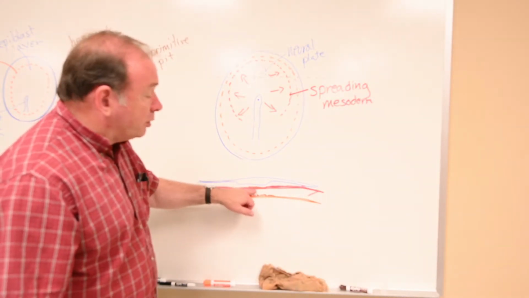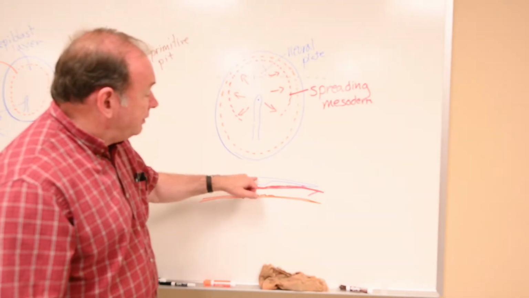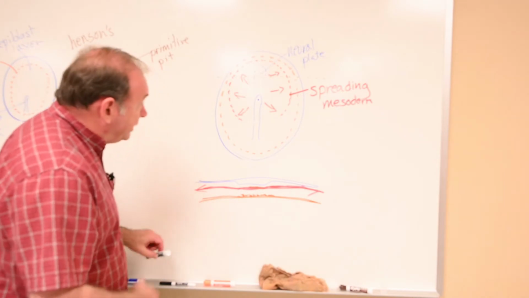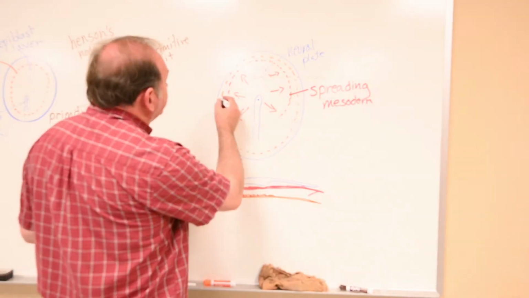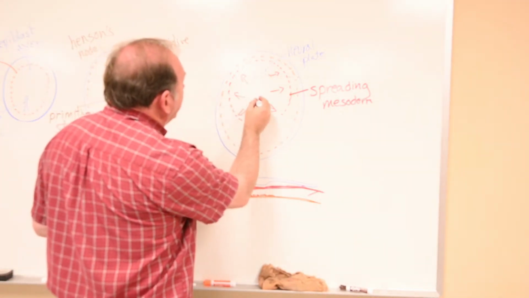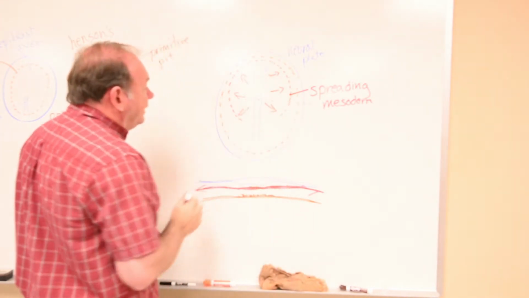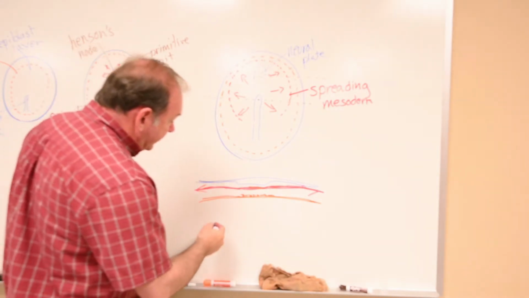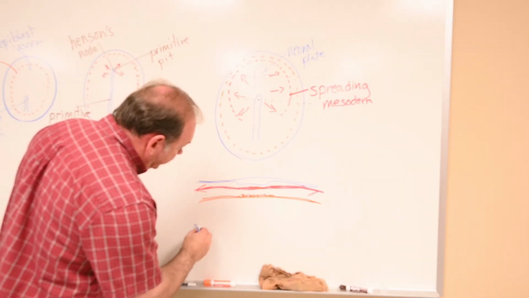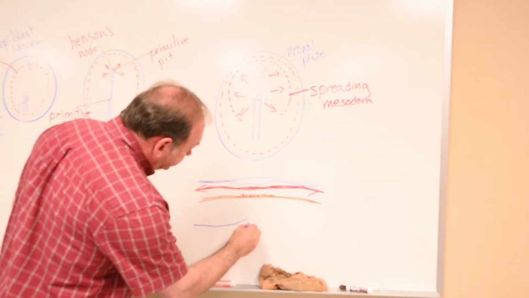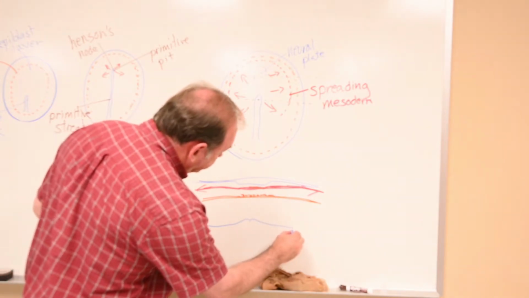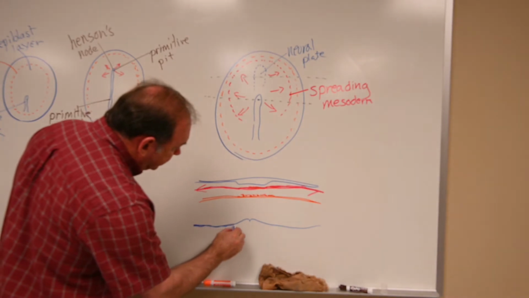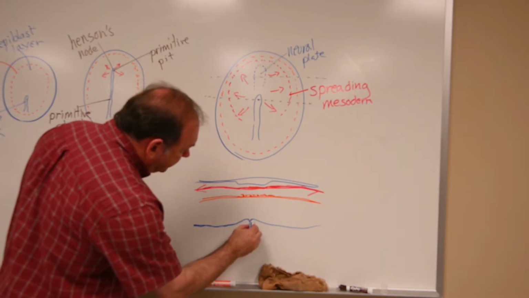We're going to get a notochord to form right in the middle of all this under the neural tube as it forms in there. Let's draw another illustration of the tissues that are right here in the middle of Hensen's node going through that primitive pit. In that zone there, things look more like this. You have this very thin layer of cells, the ectodermal cells that fold in right here.